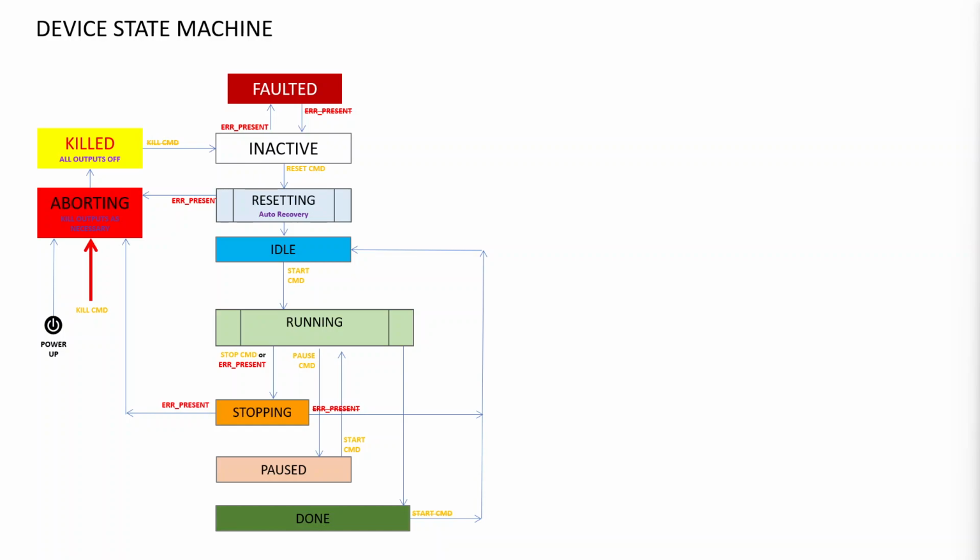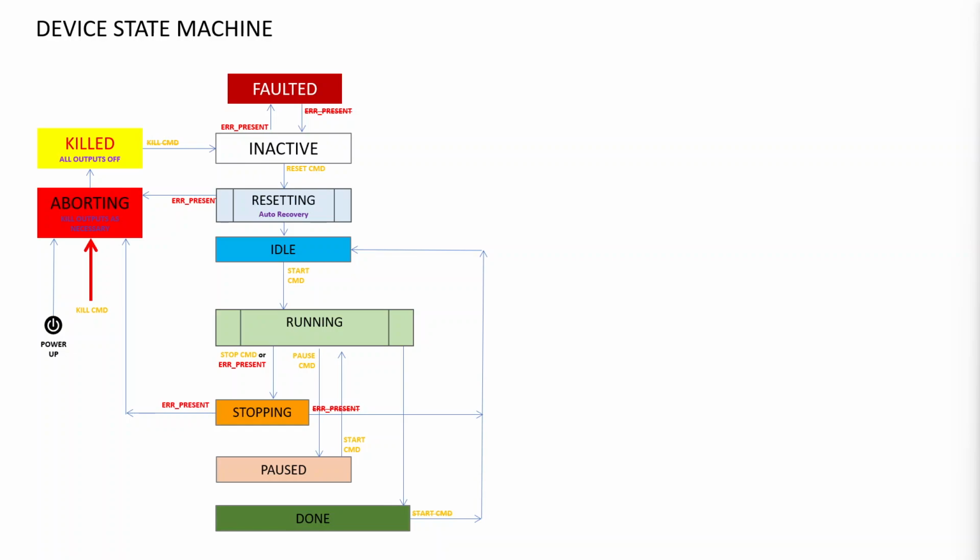Now, if we encounter an error while running and we transition to stopping because of that error, then we would take ourselves through the aborting step, wander our way through the killed step, out to inactive, and then finally terminate at the faulted state.